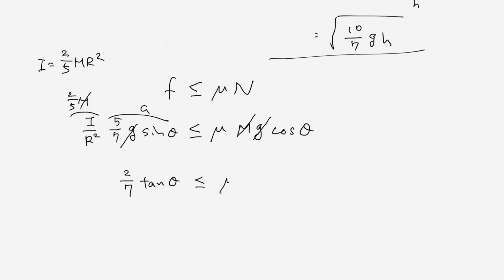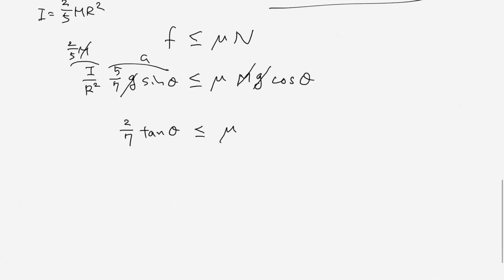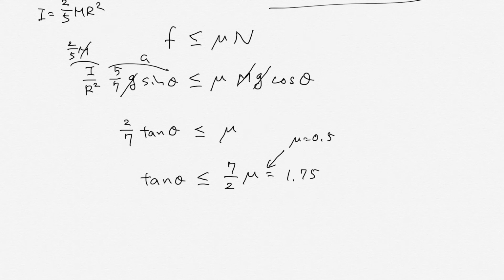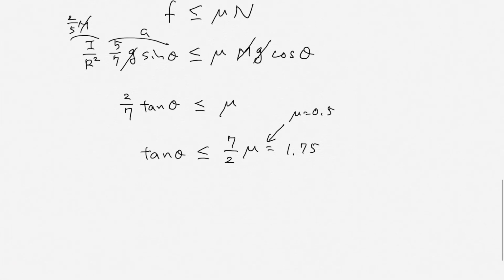This is smaller than mu. So we have a condition for theta: tangent theta has to be smaller than 7/2 mu. If you substitute the typical value of mu, 0.5, it becomes 1.75. Tangent theta has to be smaller than or equal to 1.75. In this case, theta can be calculated as about 60 degrees.